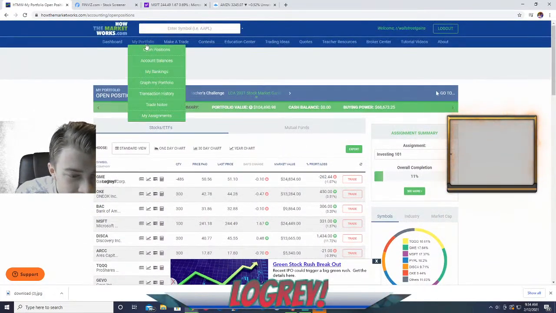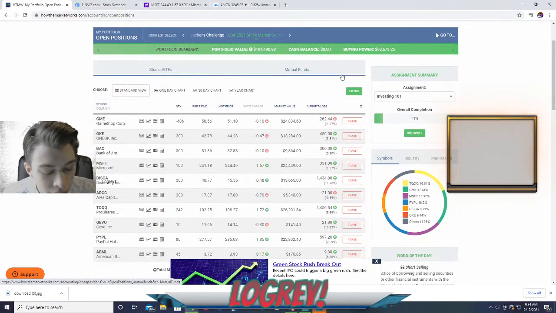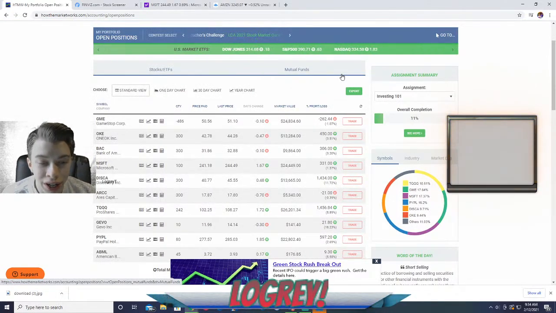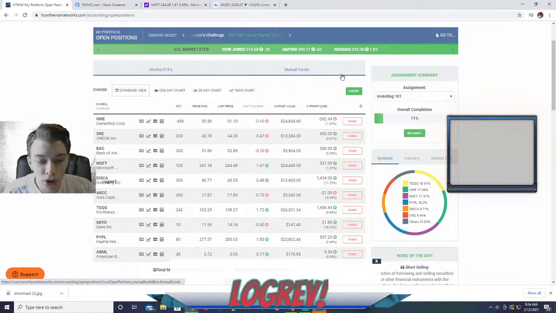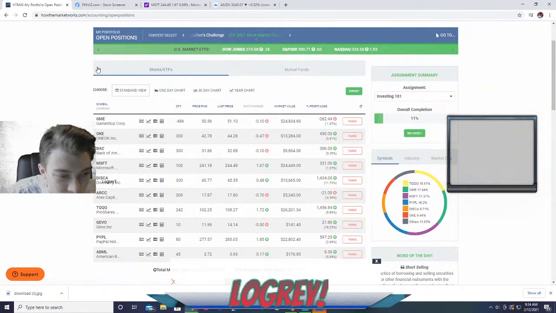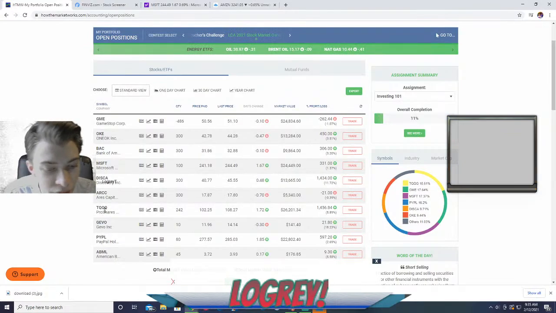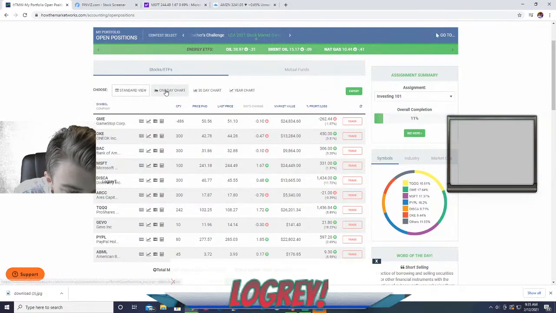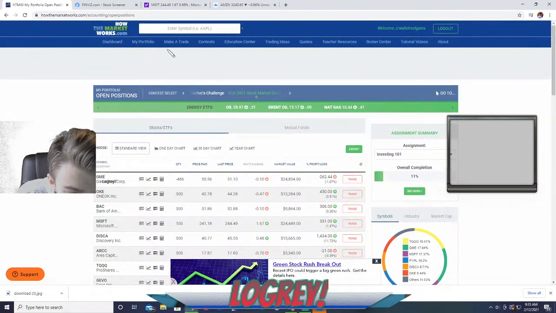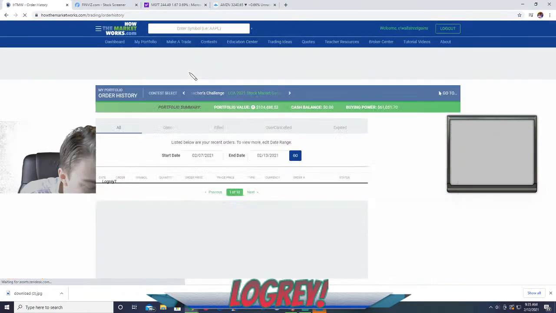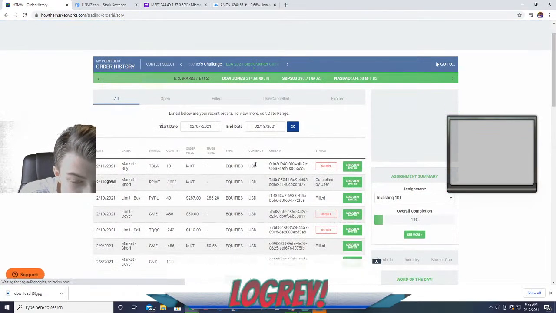So I think the market is in a bubble right now, and eventually the stock market has to have a chance to breathe. Eventually that bubble is going to burst and everything is going to fall back down, and when the market goes back down, this TQQ is going to be more bearish, so I'm going to sell it off before the market goes too far down. Now I'm going to go to my order history because I believe I did short.